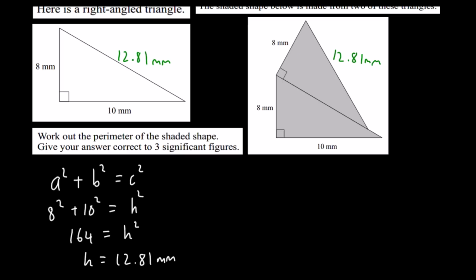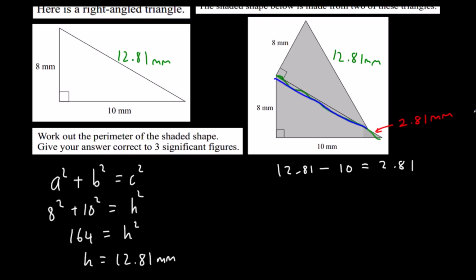But we've got a short length here that we don't have. So we've got a 10, an 8, an 8, a 12.81, and this short length here. So that is the whole hypotenuse, 12.81, take away this length here, which is a 10. So 12.81 take away 10 is 2.81. So this short length here is 2.81 millimeters.